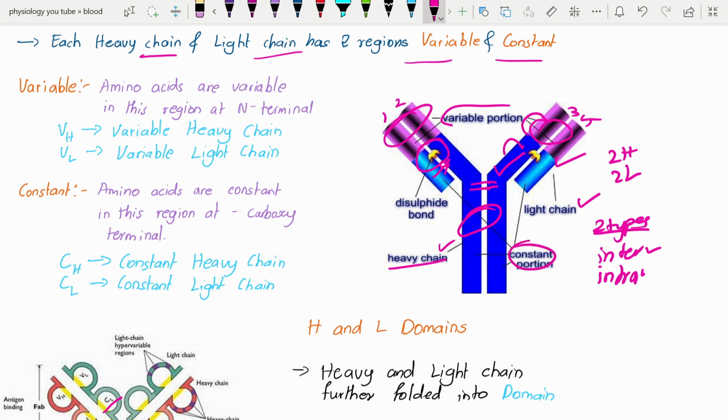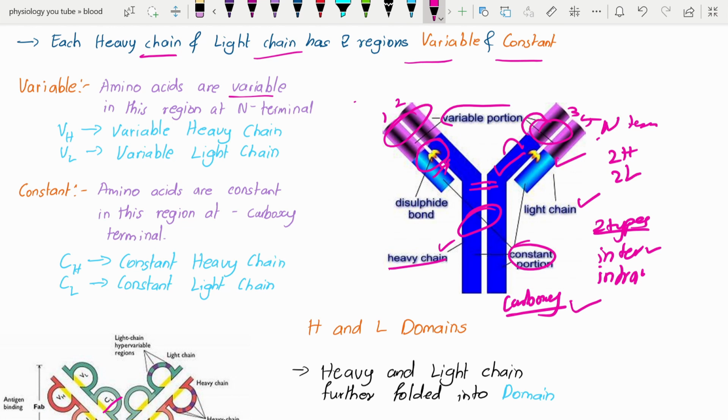Okay, so what is variable? Here the amino acids are variable, as the name suggests, and this is present near the N terminal. So this is our N terminal and this is the carboxy terminal.